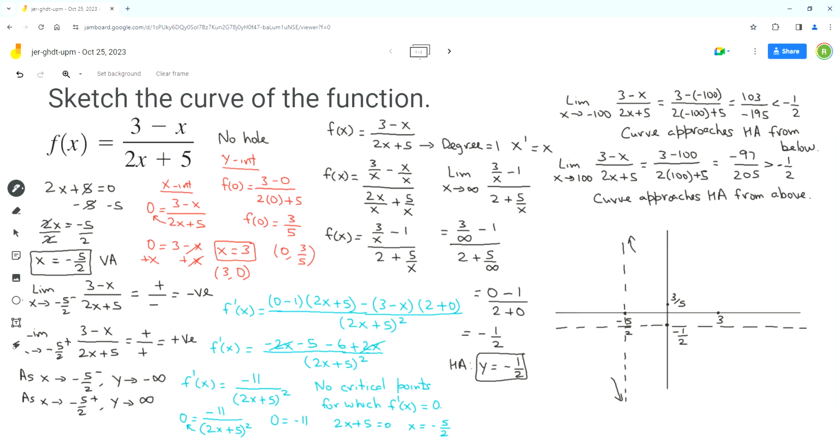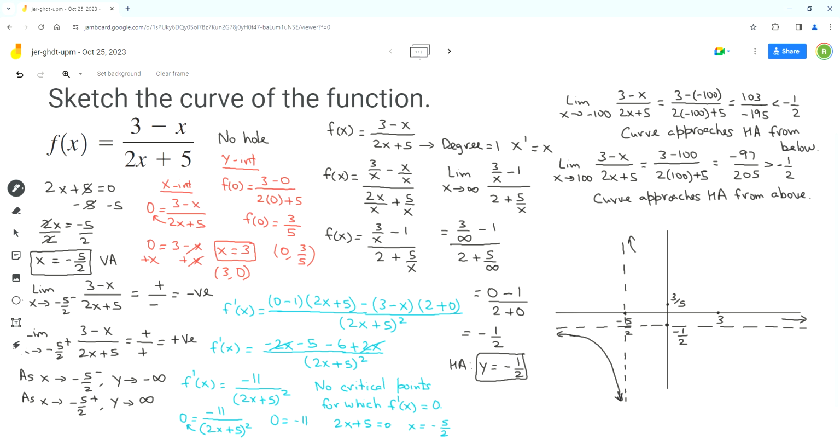Now the end behavior for the horizontal asymptote. On the left side, the curve approaches the horizontal asymptote from below, so like this. And on the right side, the curve approaches the horizontal asymptote from above, so like this. And now we can join these end behaviors to get the sketch of the function. On the left side, the curve will look something like this.